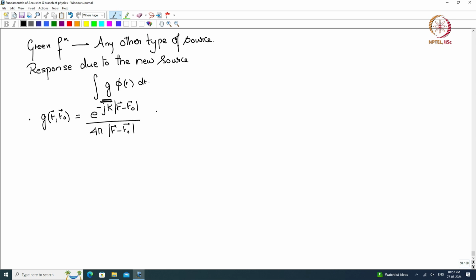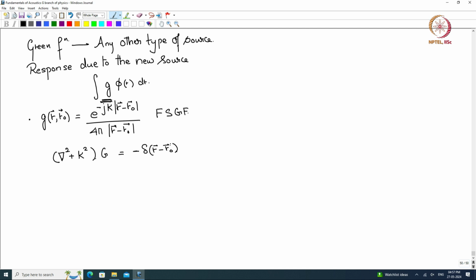This is the free space Green function. Now, the same equation can have other Green function solutions.